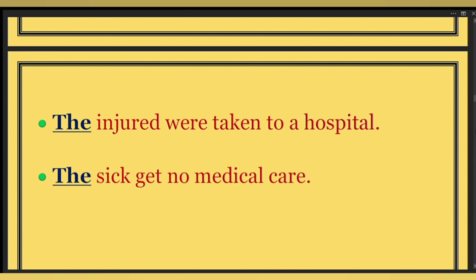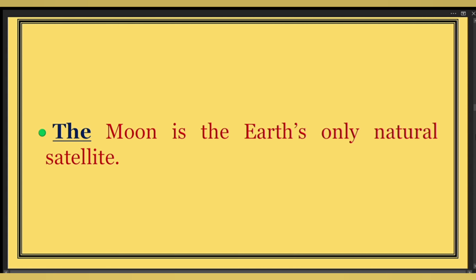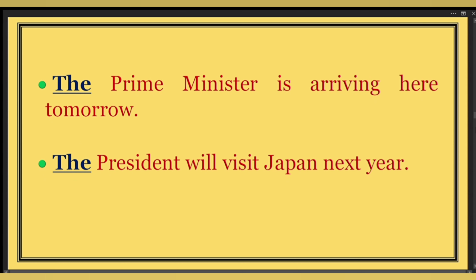Now, note one thing that we say the universe, but space without the. Next is for titles. For example, the Prime Minister is arriving here tomorrow. Then the President will visit Japan next year.